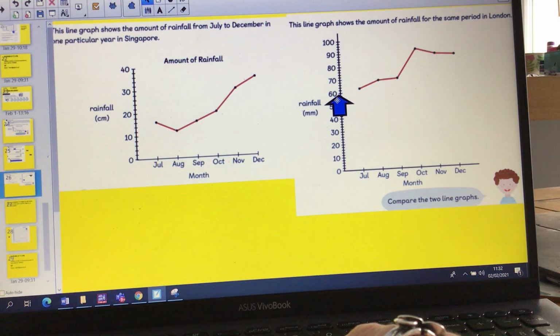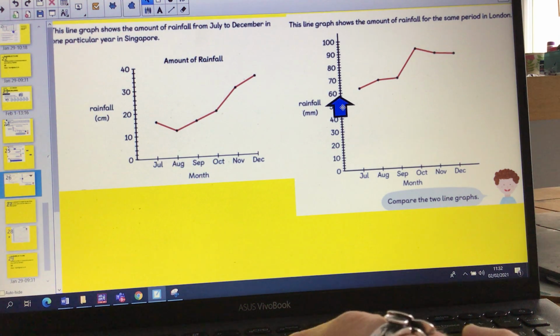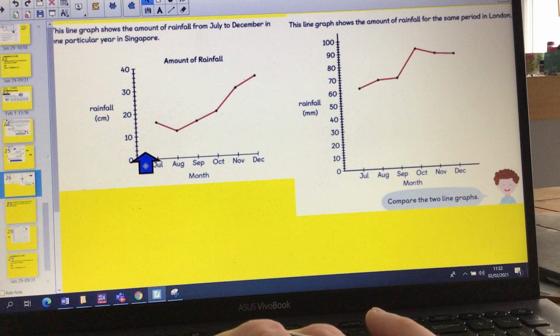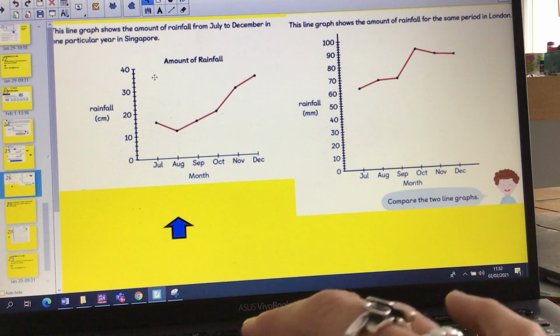We've done a little bit of this in school already. It's only 6 centimetres, isn't it? 60 millimetres is 6 centimetres, okay? So if I was to show it on here, that 6 centimetres would be right down here, okay? So at the moment, these 2 graphs are very difficult to compare.